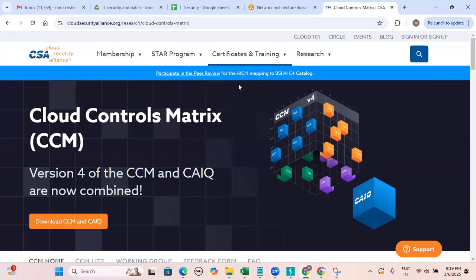Under the Cloud Security Alliance, as I mentioned, there is the STAR program. It's like a framework. As I said, every cloud service provider has to use this Cloud Security Alliance whenever they are launching the application, deploying or migrating applications, accessing resources, accessing the database, and so on. STAR is nothing but security, trust, assurance, and risk.